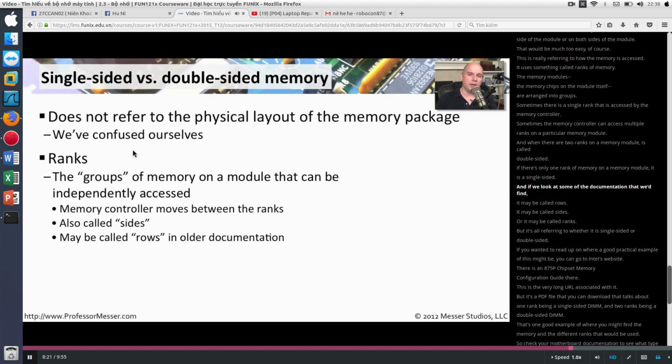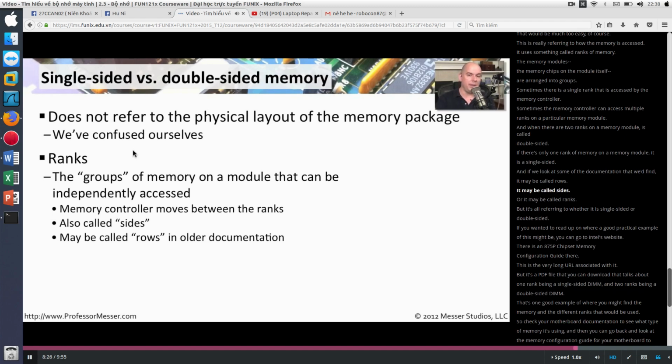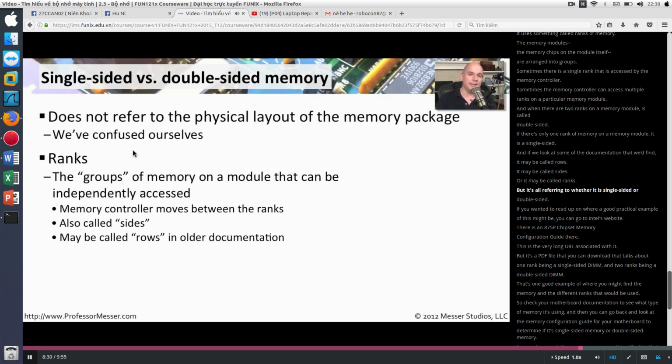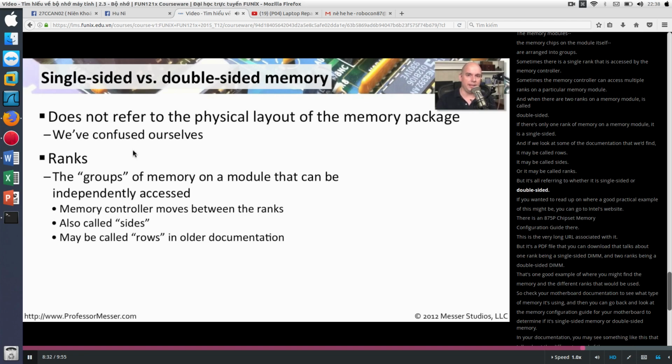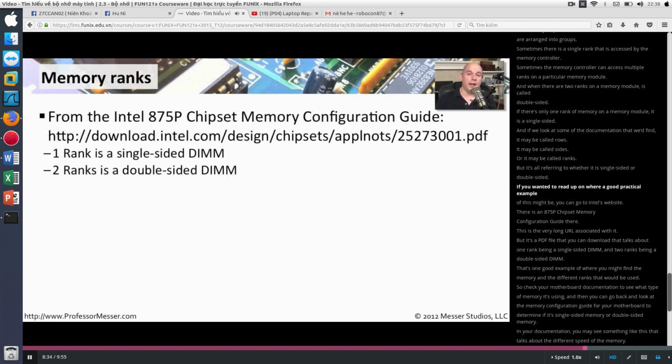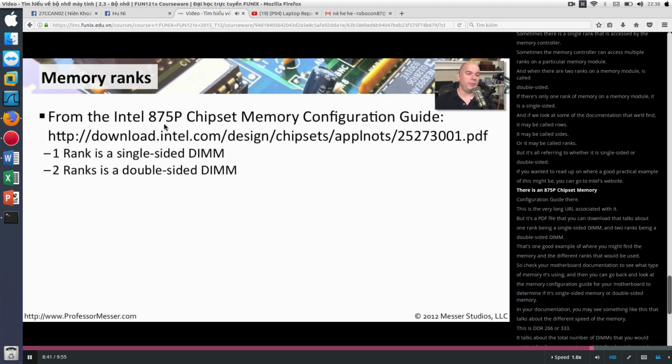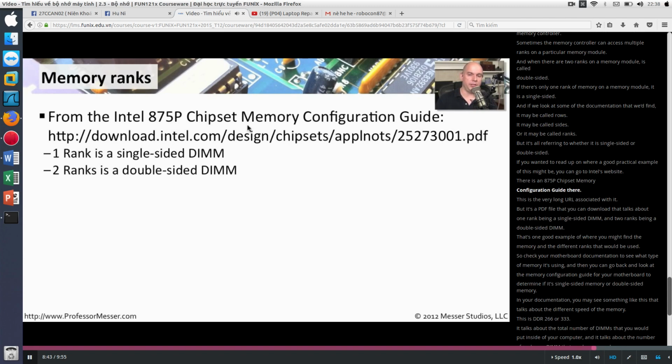If we look at some of the documentation that we'd find, it may be called rows, it may be called sides, or it may be called ranks, but it's all referring to whether it is single-sided or double-sided. If you wanted to read up on a good practical example of this, you can go to Intel's website. There is an 875P chipset memory configuration guide there.